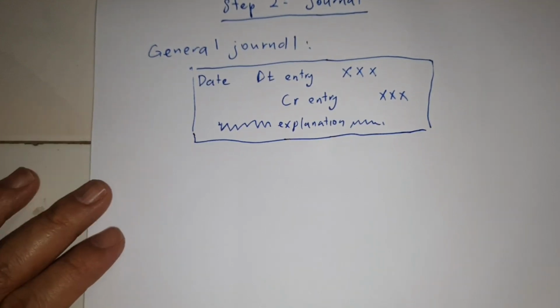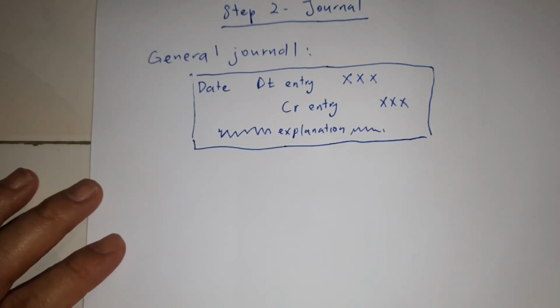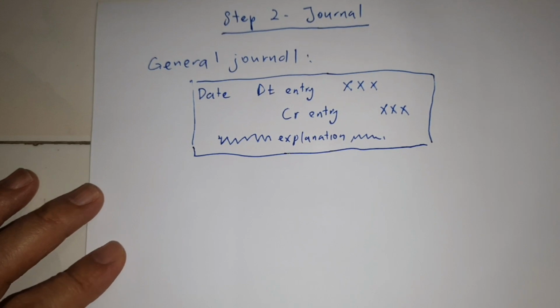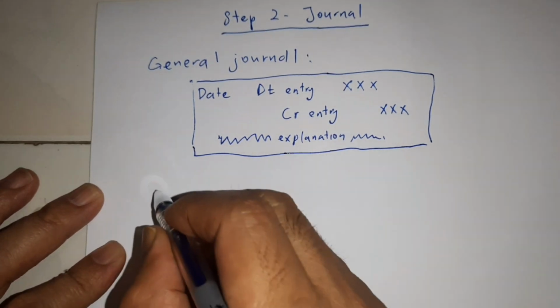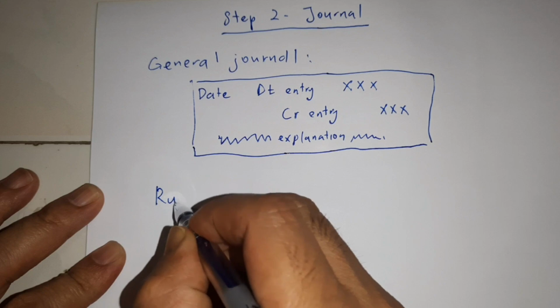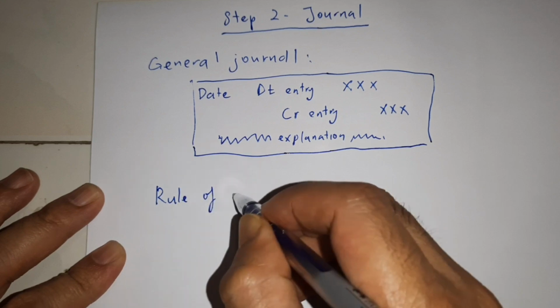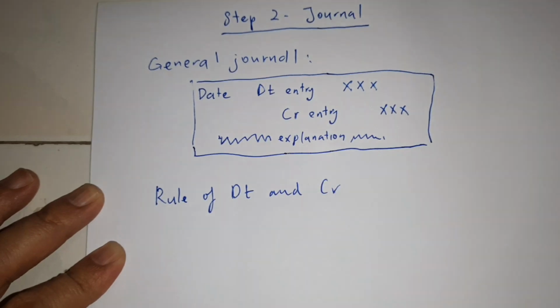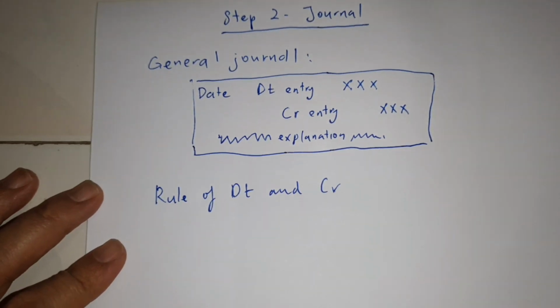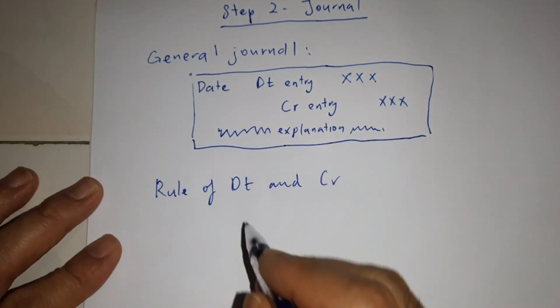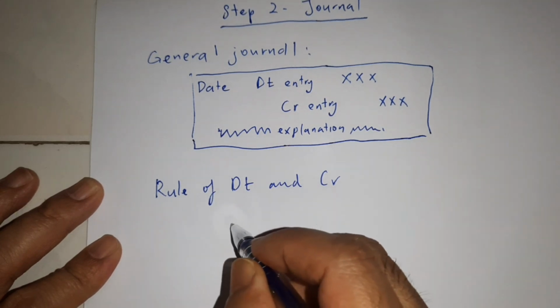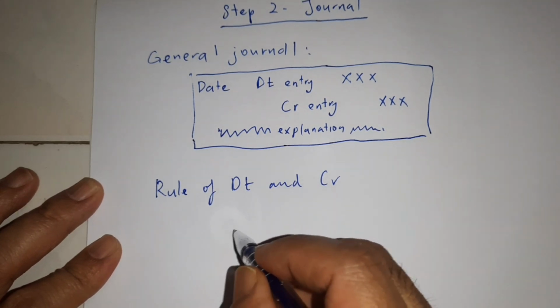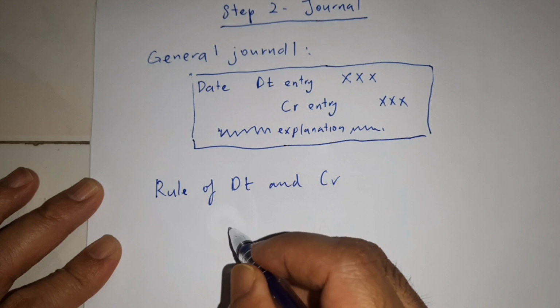So to do the general journal, you have to know the rule of debit and credit. First, you have to remember the accounting equation.